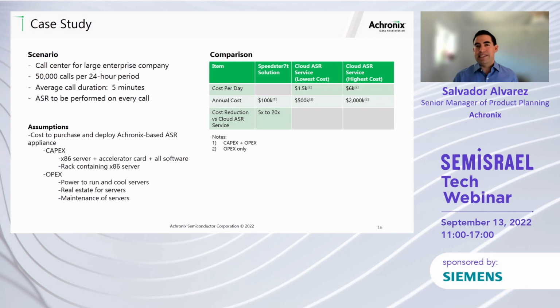Alternatively, the enterprise could achieve the same capability on site using the Achronix ASR appliance. And factoring in both the capital expenditures and the operating expenditures, the same cost for that same capacity would only be $100,000. That's a factor of anywhere between 5x and 20x lower, depending on what you were able to negotiate on pricing with your online provider. That's a cost reduction of anywhere between 80% and 95%.